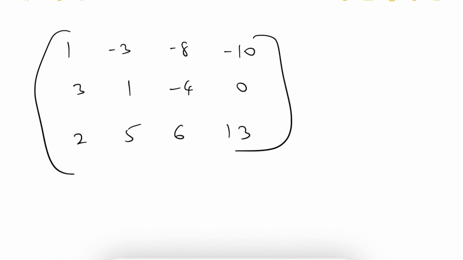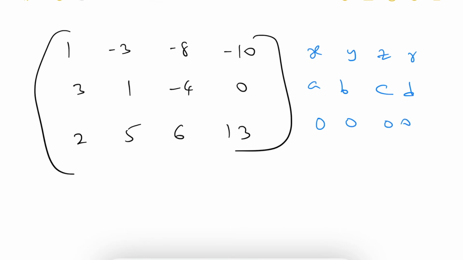Now for this also we need to find out the rank. For that, what we will do is see if it is possible to make any row's elements completely zeros. For example, the first row has some elements, the second row also has some elements, and the third row is completely zeros.